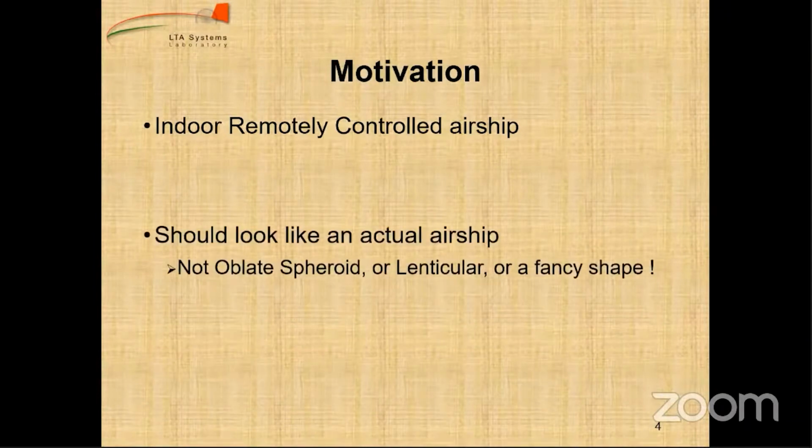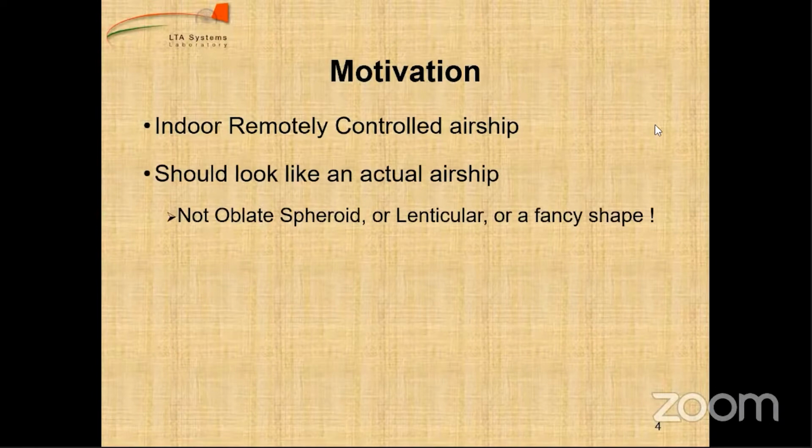Further, we will not look at a very fancy, fantastical, artistic shape for the airship. We will take the shape of the actual airship. As you have seen in the previous lecture, some actual airships were shown flying.